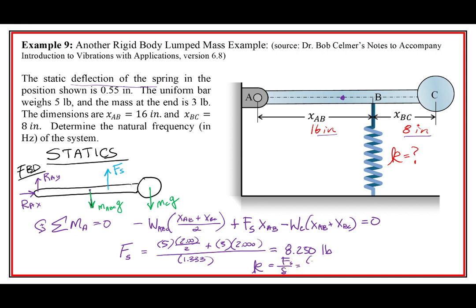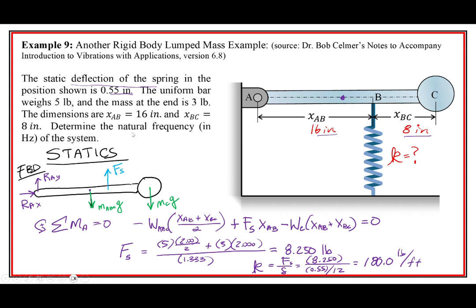So we have 8.250 divided by 0.55, but divided by 12 because we were given it in inches. Did I do it wrong? No, I'm fine. I get 180 pounds per foot. All right, so that's part one there, really.